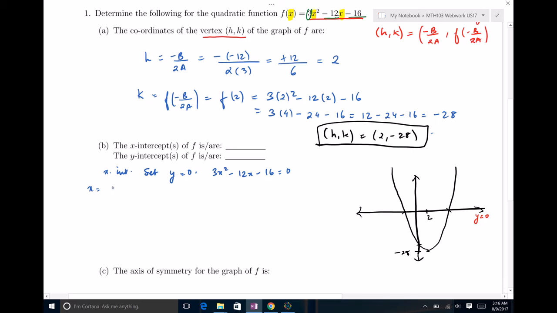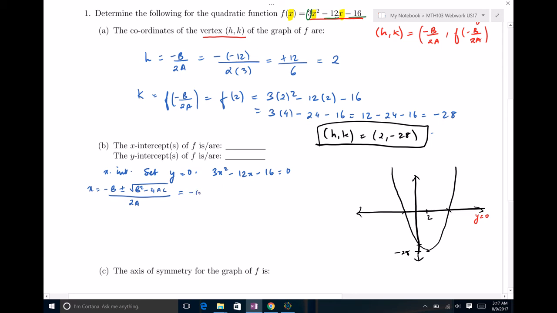So x equals negative b plus or minus the square root of b squared minus 4 times a times c over 2 times a. That's the quadratic formula, which is equal to, in this case, b is negative 12.